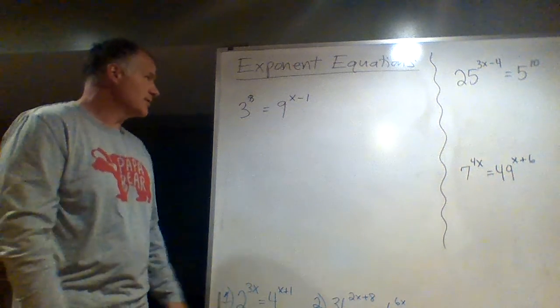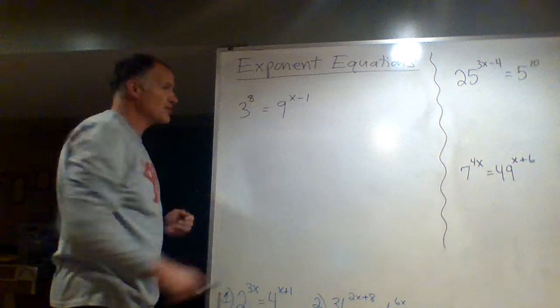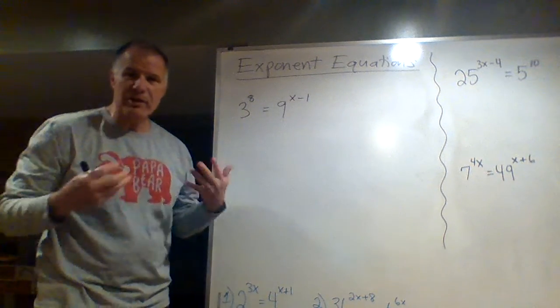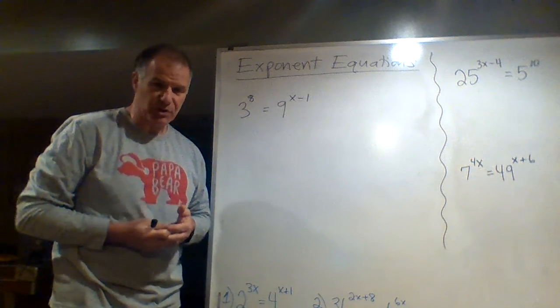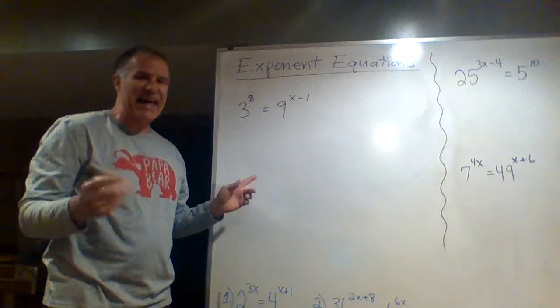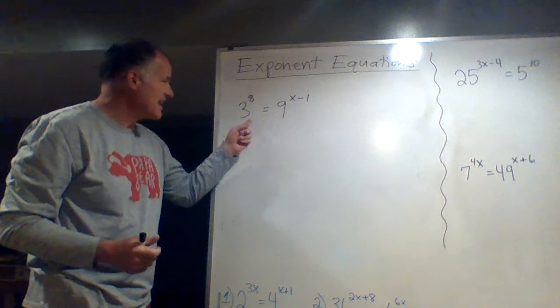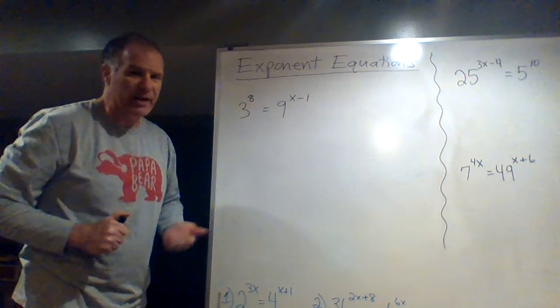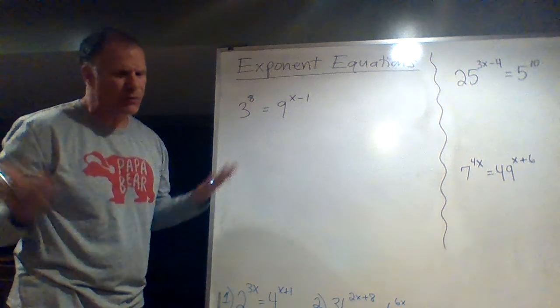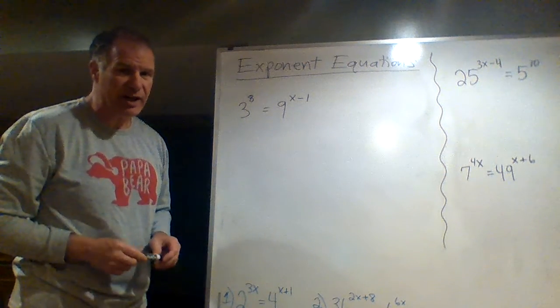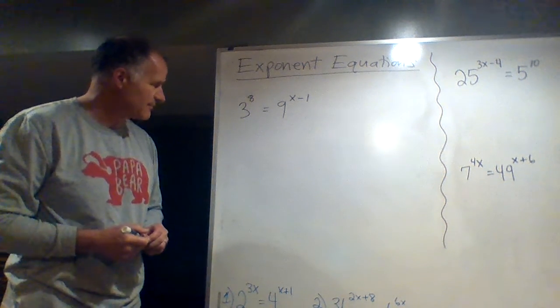So anyway, remember exponent equations: if we get the bases to match, then we can make the exponents equal to each other. Now just like the last video, we're not going to have a match at the beginning. So I have a 3 and a 9. I think we did one of these on the last video, and these are ones that hopefully you can do in your head pretty easily.